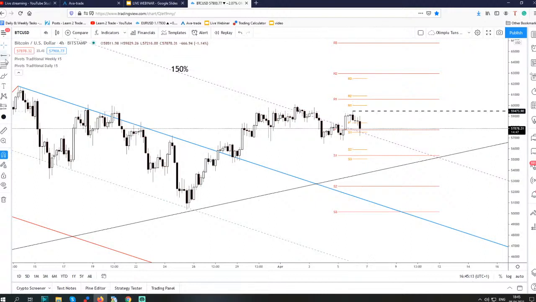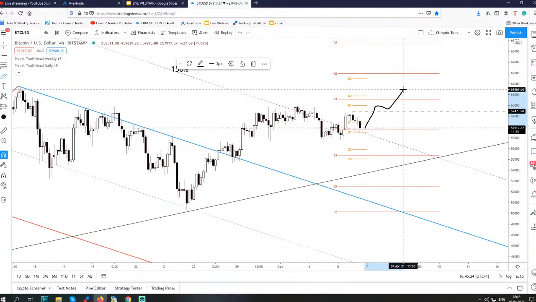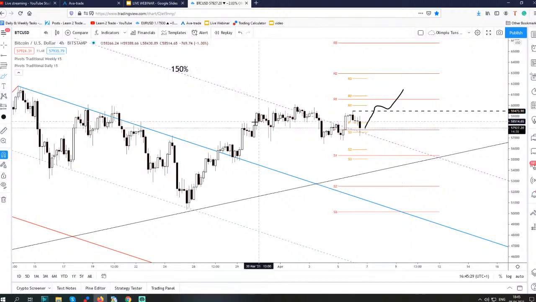So if it will come back higher from the pivot point, if it will jump above the immediate higher high, if it will close above it, retest it, then it could continue higher in the short term.